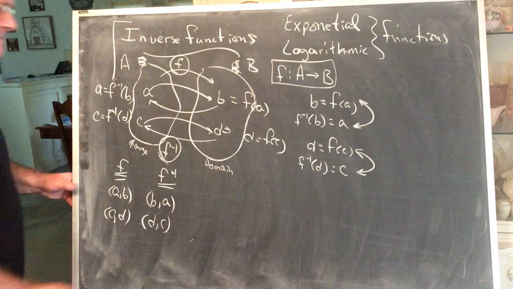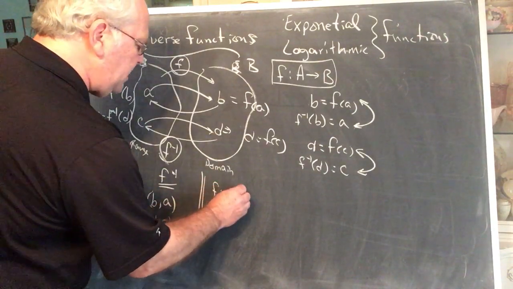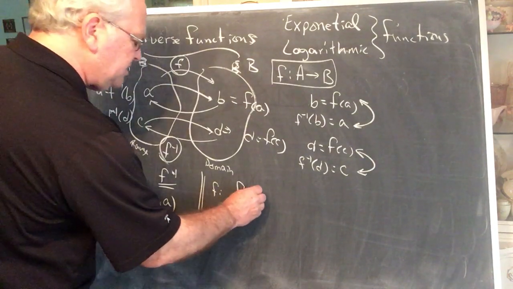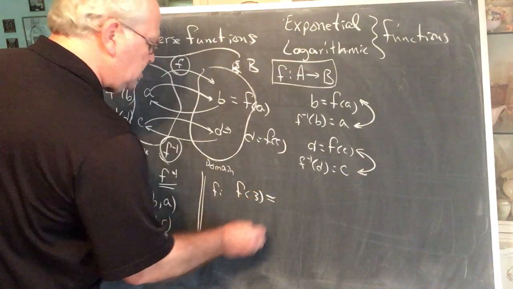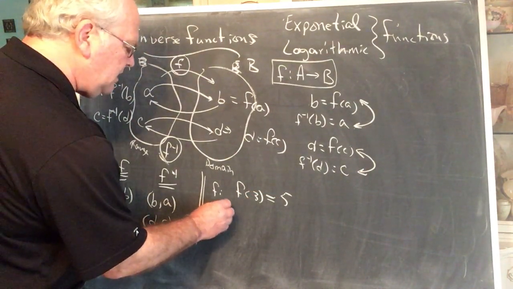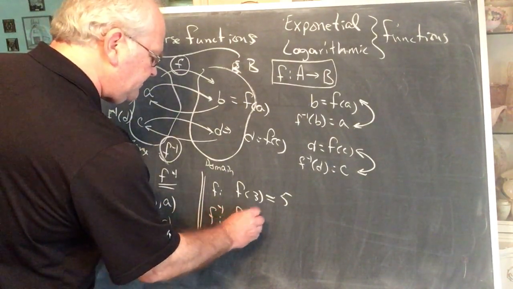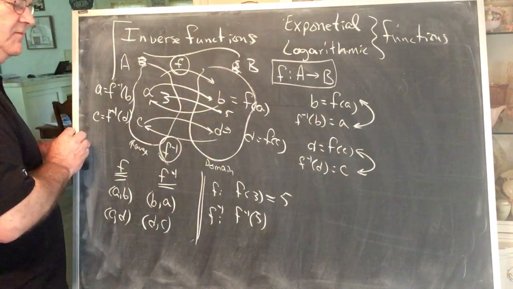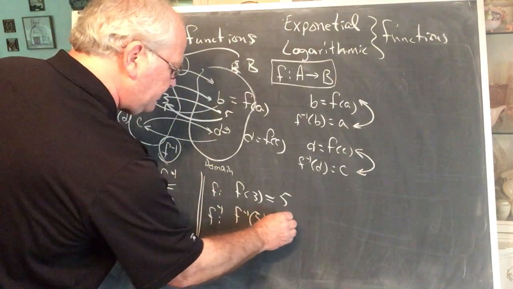In particular, suppose we know for some function f, and let's just pick a number out of the blue sky, that f of 3 maps to, let's say, 5. Then what do we know about the inverse function? Then we would know that f inverse of 5 is 3. 3 was here, 5 is here, so f inverse takes 5 and puts it back where it started from.